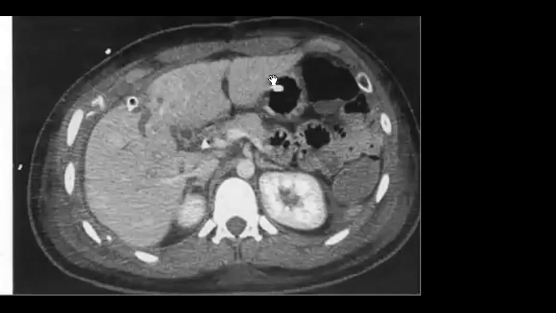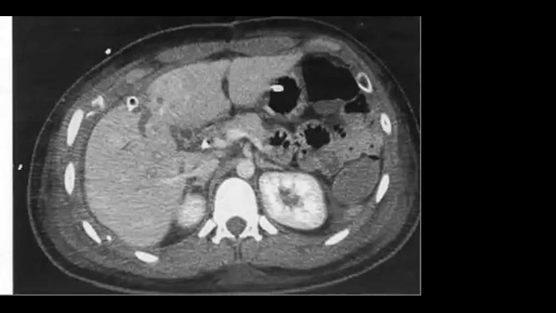The patient already, you can see, has a nasogastric tube and there is a drain here.